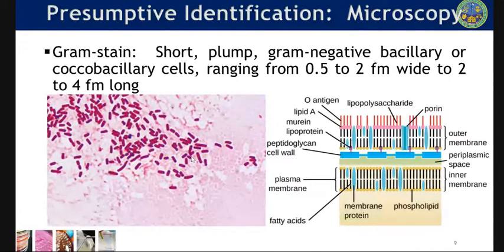But this is the first step after which you could proceed with other diagnostic or biochemical tests leading to the identification of bacteria under the family Enterobacteriaceae, or Enterobacterales, as you may utter this one.